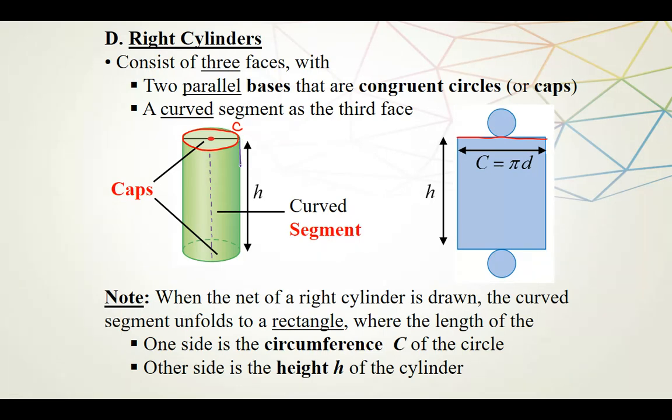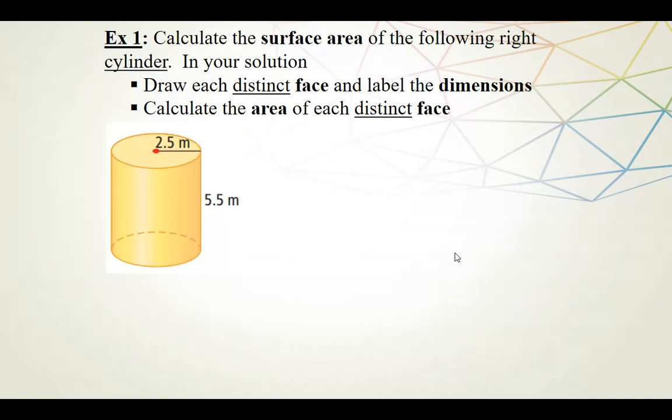We take this side length, which is the height of the cylinder, and we unfold that label. It would be equivalent to this length right here. Therefore, again, a right cylinder has three faces. You've got the two caps, and you've got that curved segment that you can unfold into a rectangle.